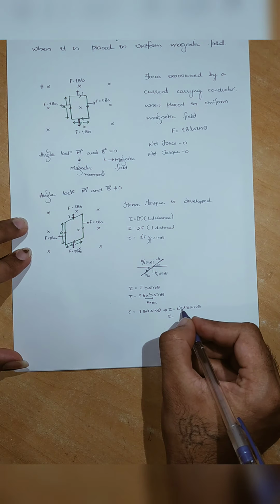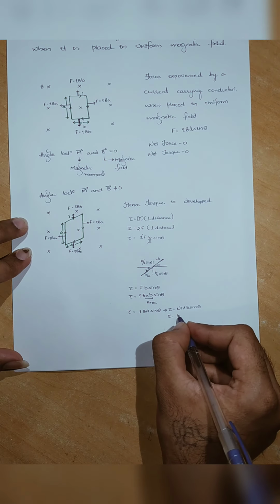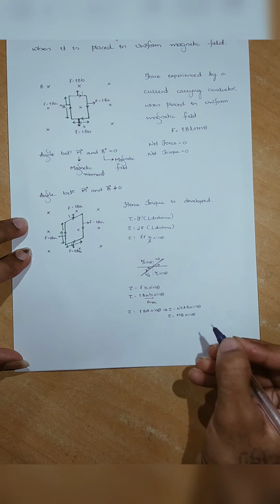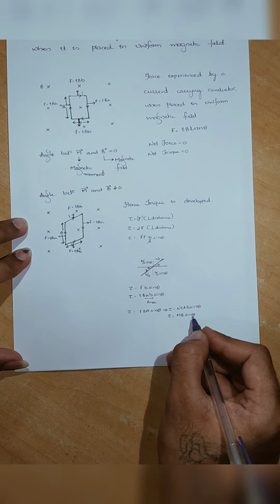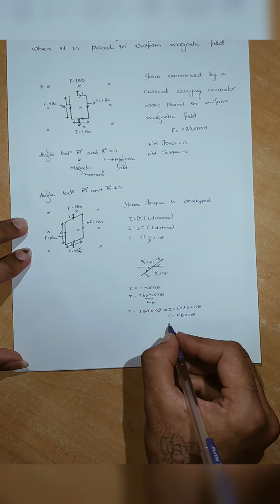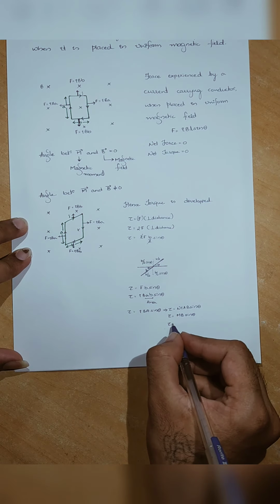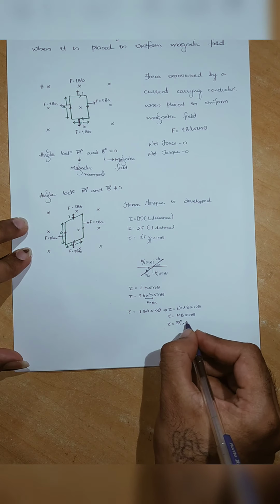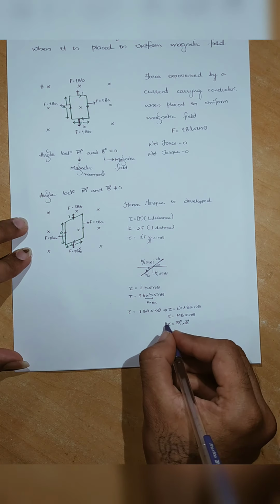So here NIA is nothing but magnetic moment M, and continuation B sin theta. So it is like MB sin theta. If these two are vectors, M is a vector quantity, B is a vector quantity, I can write tau is equal to M bar cross B bar.